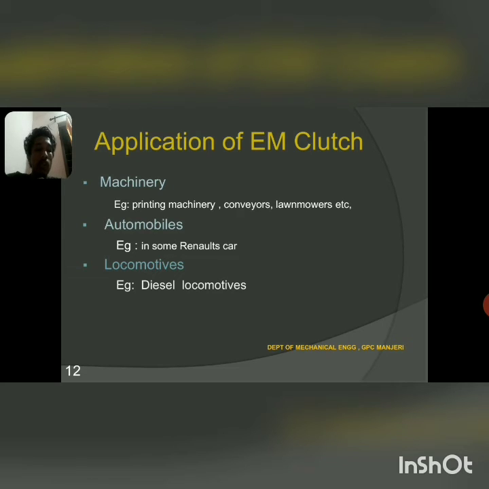Automobiles. When an electromagnetic clutch is used in automobiles, there may be a clutch release switch inside the gear lever. The driver operates the switch by holding the gear lever to change the gear, thus cutting off current to the electromagnet and disengaging the clutch.